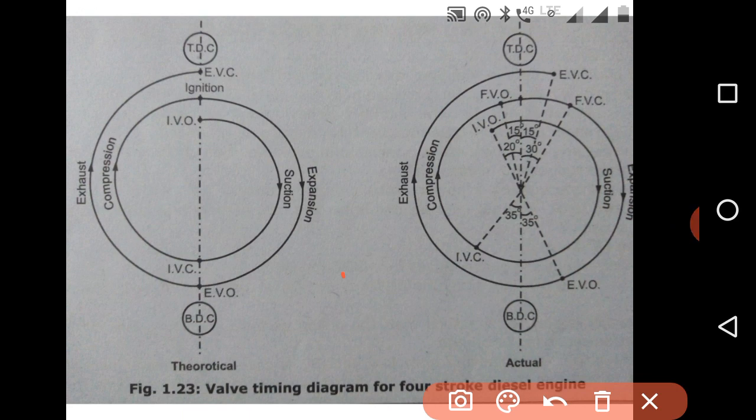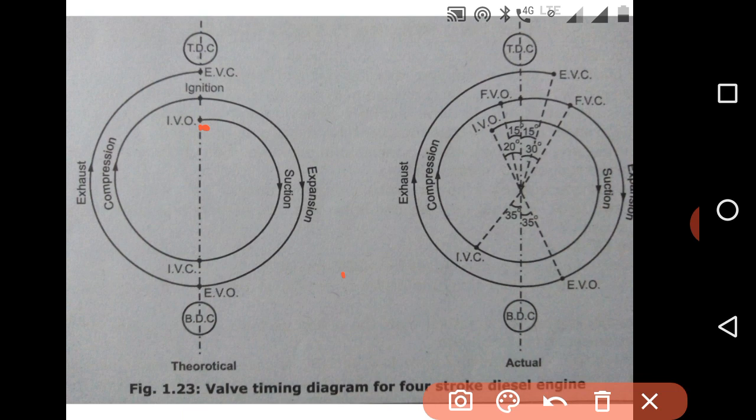First of all, we will analyze the theoretical valve timing diagram. In a diesel engine, the inlet valve will open exactly when the piston is at top dead center. The piston moves from top dead center to bottom dead center, performing the suction process.